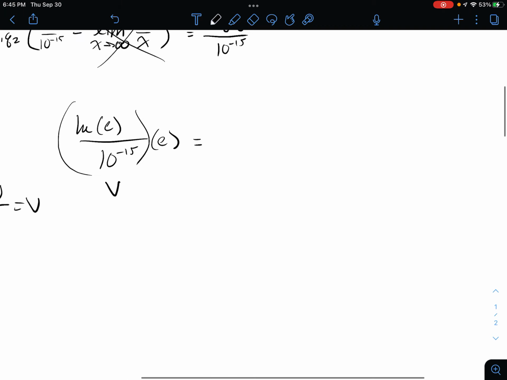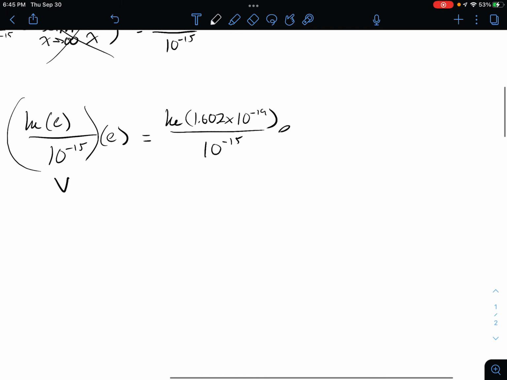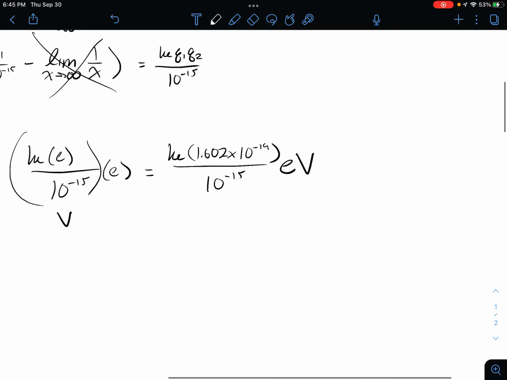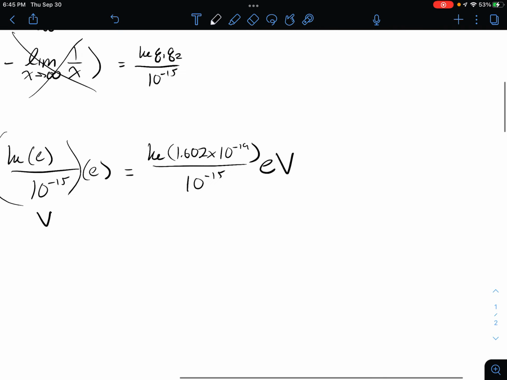So that is going to give us KE times 1.602 times 10 to the negative 19th over 10 to the negative 15th, times E, but this is in volts. That's going to get you your electron volts, right? And spoiler alert, this is to the negative 19th, this is to the negative 15th.